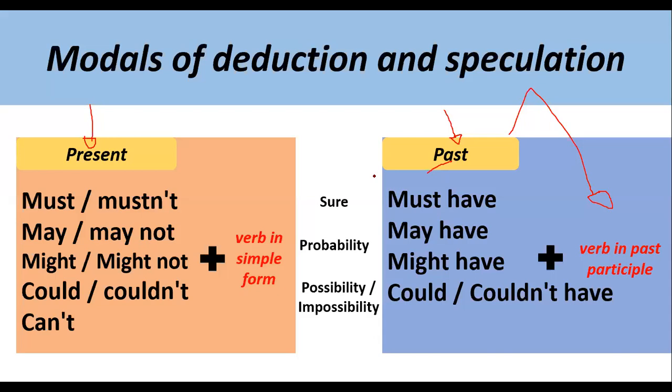Because my conversation is something that is in the past. Those are the little details you can use to identify if your sentence is in past or in present. Thank you.